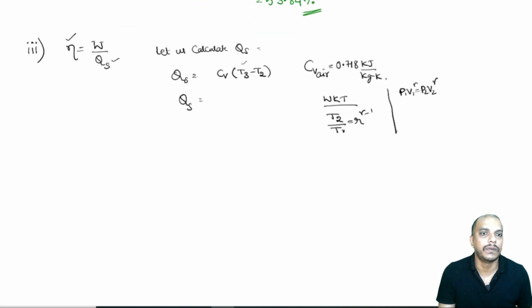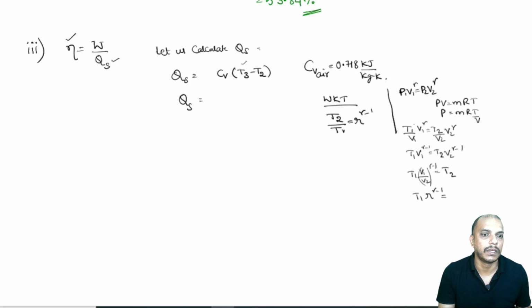PV is equal to MRT, so in place of pressure I can write MRT by V. So we wrote T1 by V1 power gamma, T2 by V2 power gamma, and then we got T1 V1 power gamma minus 1 is equal to T2 V2 power gamma minus 1. Then we reduced it: T2 is equal to T1 (V1 by V2) whole power gamma minus 1. This is T1 R power gamma minus 1. So T2 is equal to T1 R power gamma minus 1.